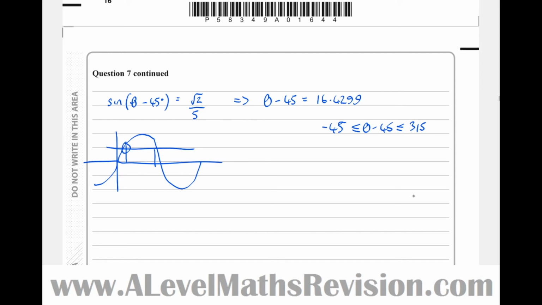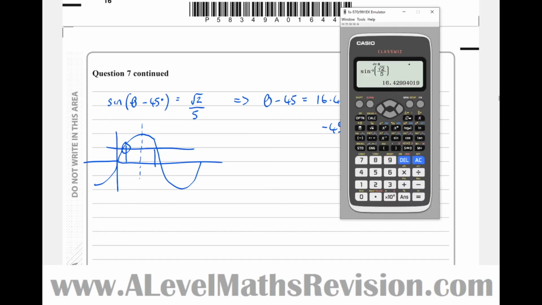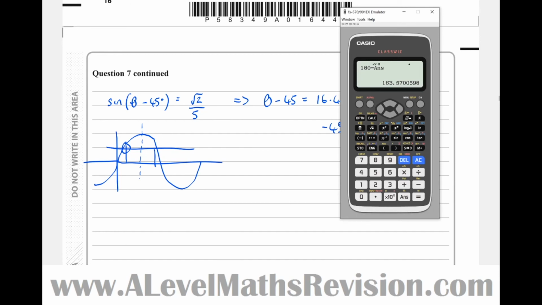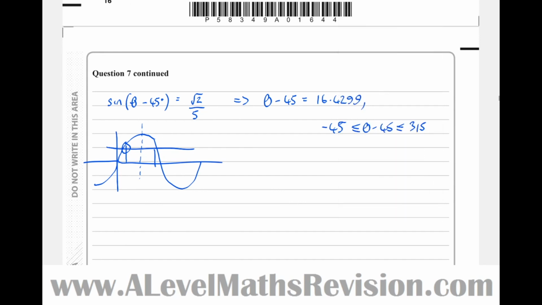So we've got one at 16.4299, and the other answer, if we use this as the line of symmetry, is 16.4299 to the left of 180. So 180 take away that is 163.5701. Just double check that. Yes, 163.5701.